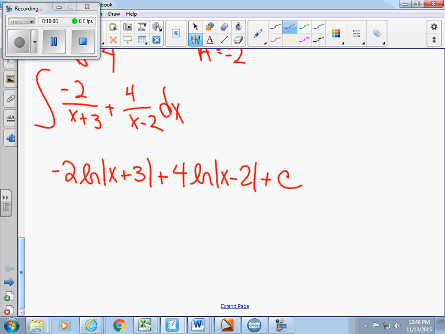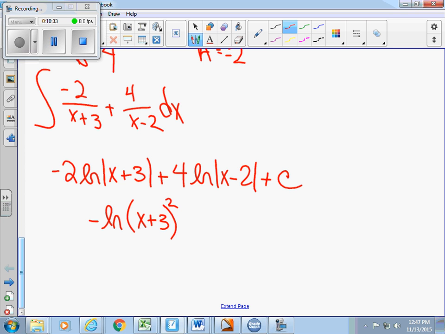Make the coefficients be exponents first. So how the calculator might answer this, or how a multiple choice might answer this, they would write the x plus 3 squared. You may notice they may lose the absolute values on that particular one. A textbook may.